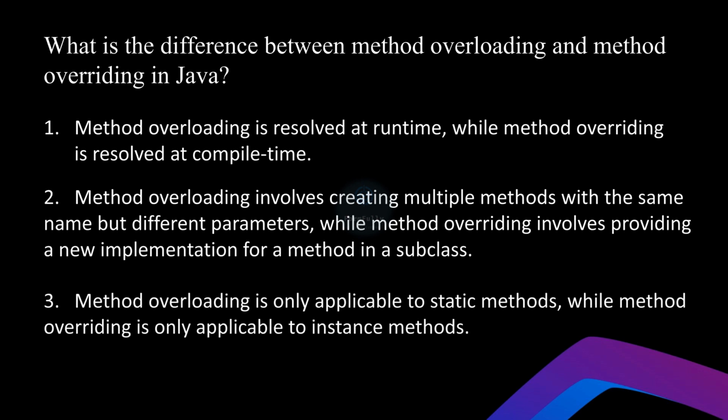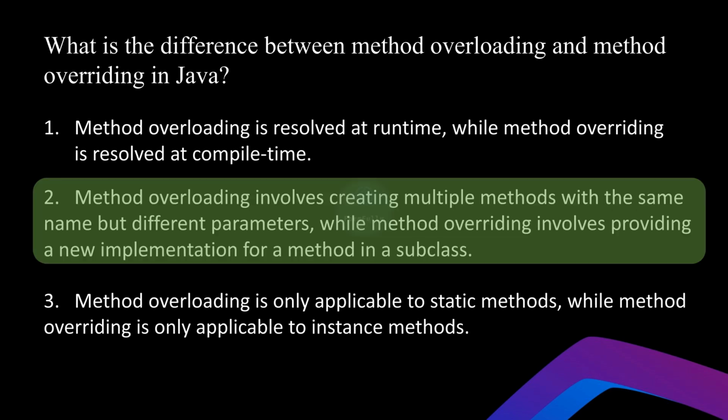Method overloading is only applicable to static methods, while method overriding is only applicable to instance methods. Method overloading is a technique where methods in the same class have the same name but different parameters, and method overriding occurs when a subclass provides its own implementation for a method that is already defined in its superclass. So option 2 is correct.